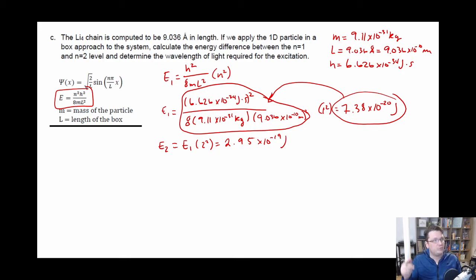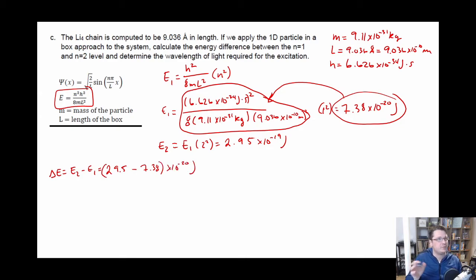And now what we need is the difference in the energy levels. So delta E is E2 minus E1, which is 29.5 minus 7.38 times 10 to the negative 20 joules.